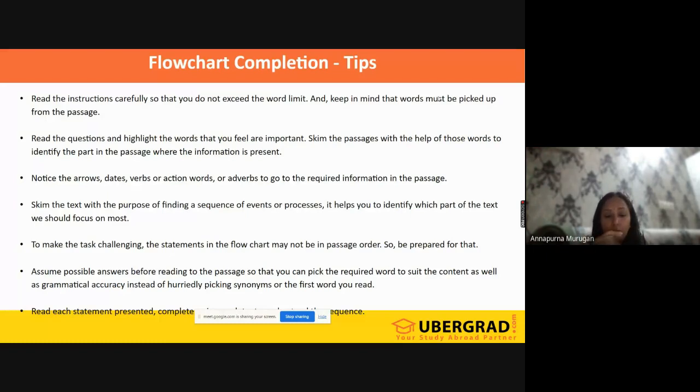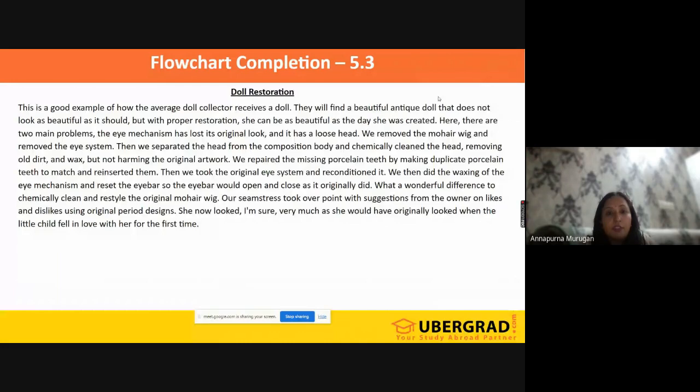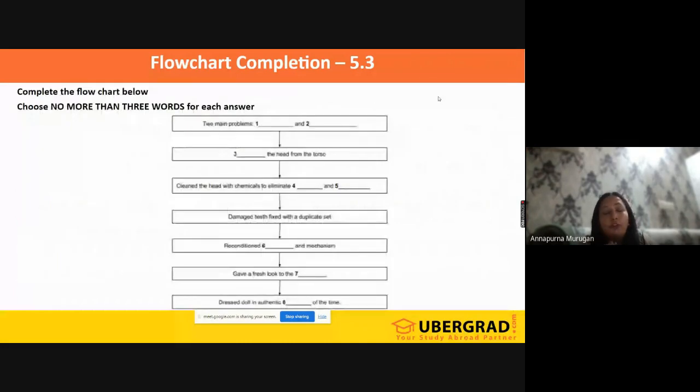First and foremost, when they give the flow chart or anything, even the summary or table completion, you will see that usually they will have the headings of that chart, or usually they may have some kind of hint there. In this case, we have taken the example where we don't have any kind of hint here.